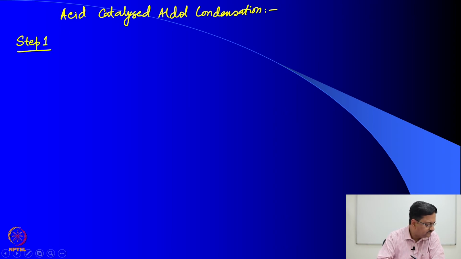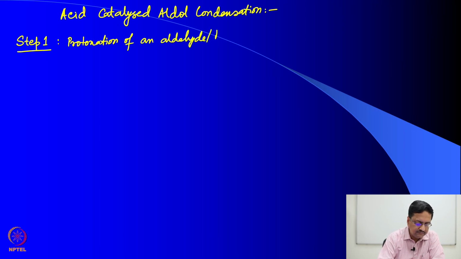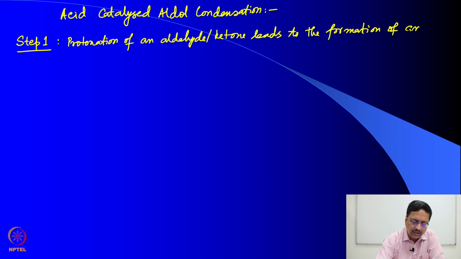In step 1, protonation of an aldehyde or ketone leads to the formation of an enol.